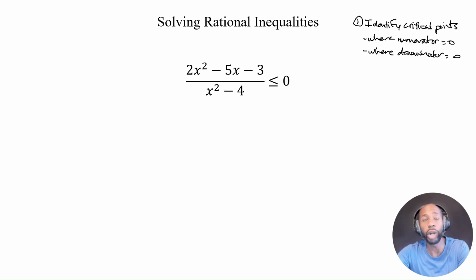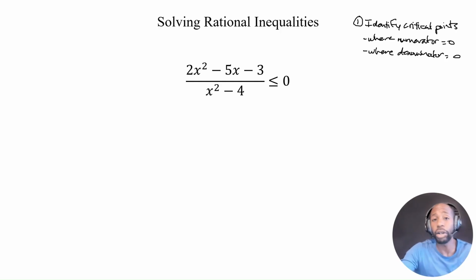It's essentially where the whole equation goes to 0, where the graph goes to 0, so to speak. Whereas where the denominator is equal to 0, I meant to say zeros. It represents zeros of this equation or the inequality.